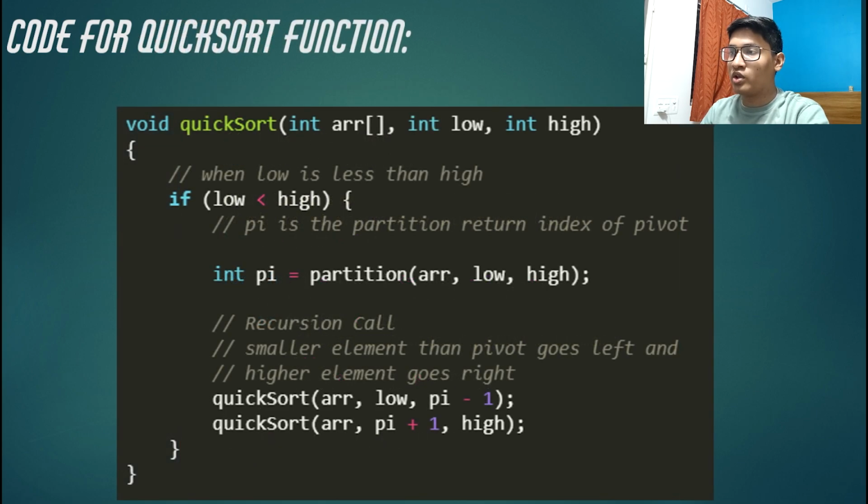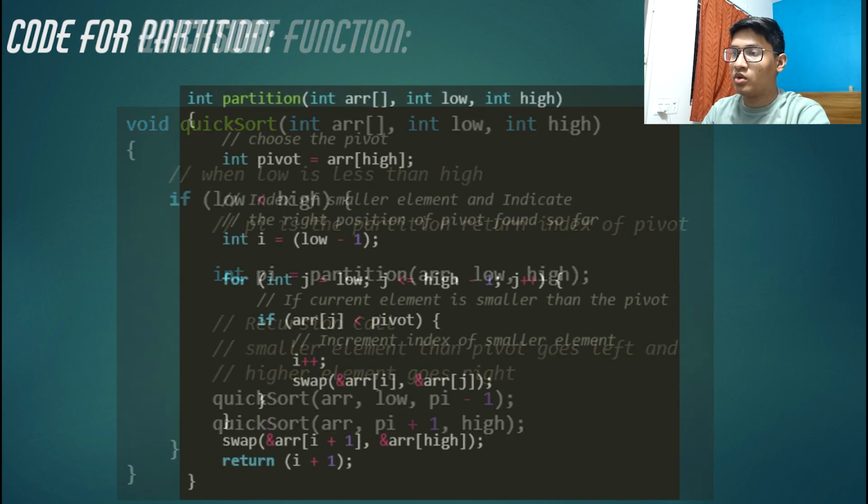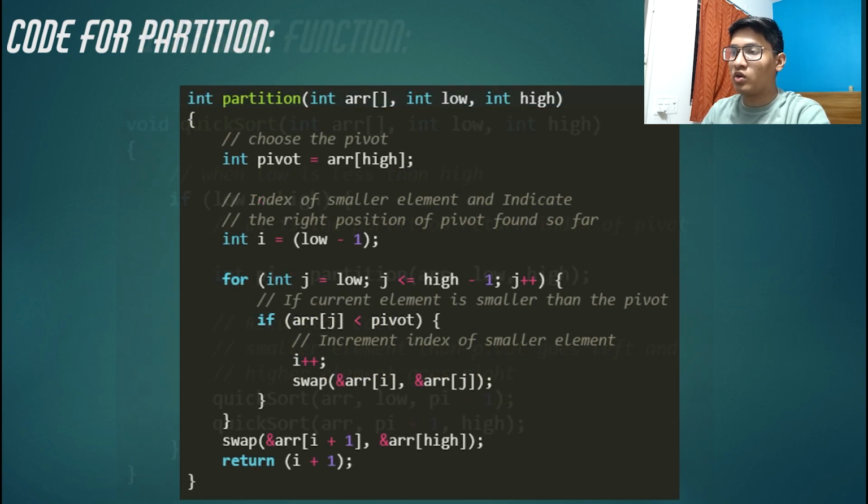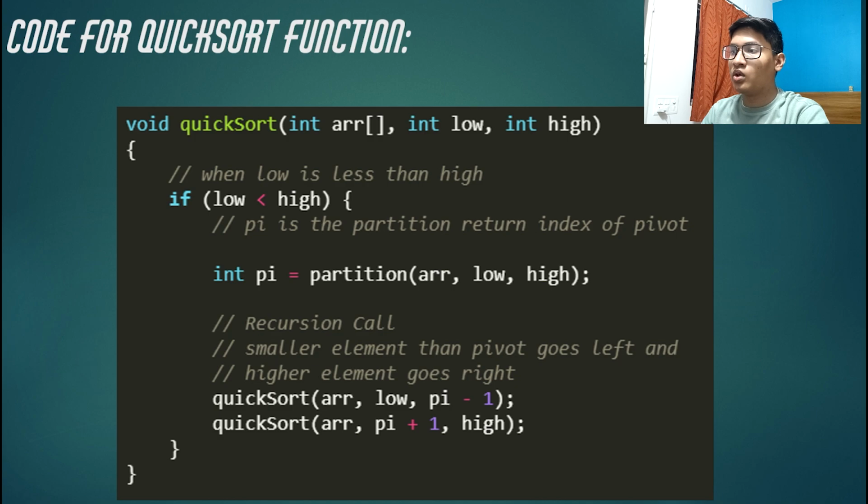Now moving on to our quicksort function. This function basically uses partition and then recursively calls itself. The parameters here are also arr, low and high.